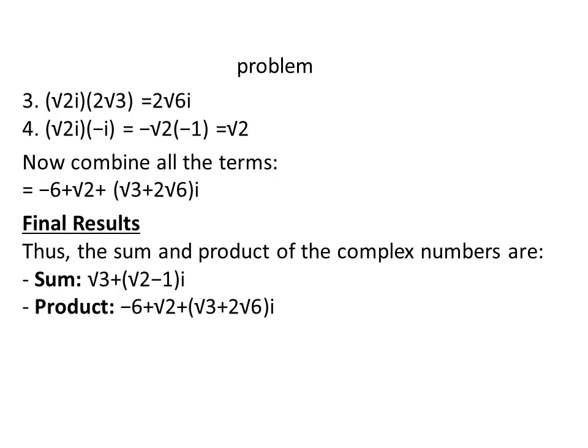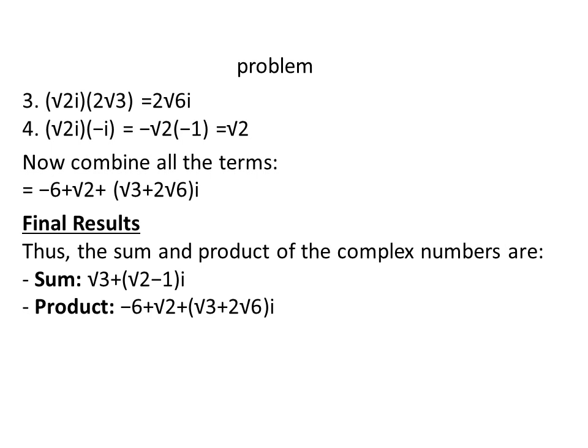After this, we have √2 i × 2√3 = 2√6 i. Then √2 i × −i is −√2 × −1, which is equal to √2. Now combining all the terms, we get −6 + √2 + (√3 + 2√6)i.